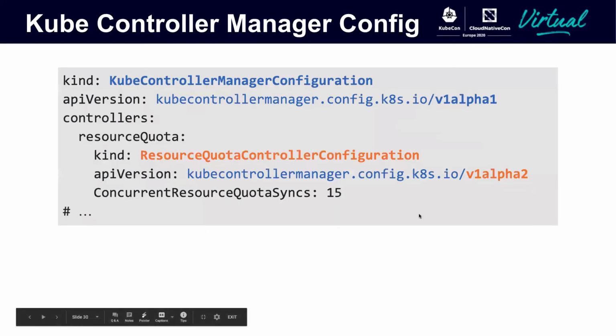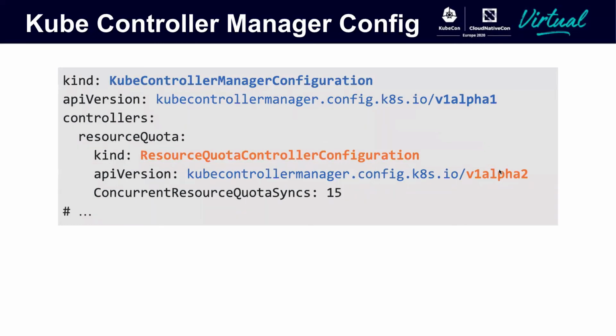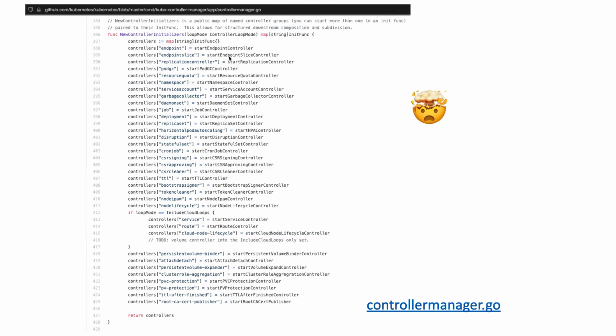Now, one option would be to just give each controller its own external version. So we still have the same API group, maybe we can share. We still have a container type, which is versioned, but then we also have individual versions for the controllers, and they can move as quickly or as slowly as they want. This could work, but the problem is we have a lot of controllers.